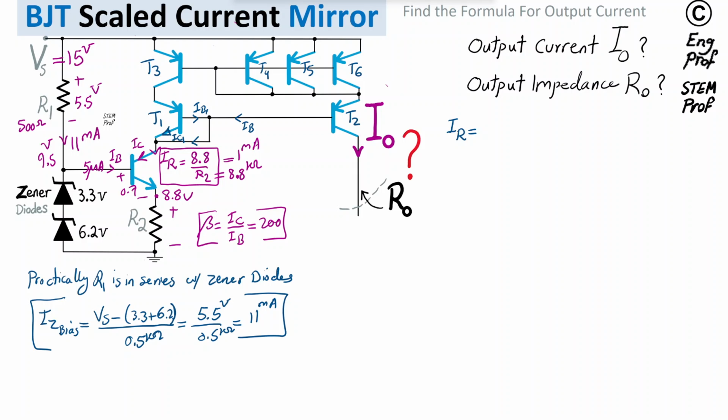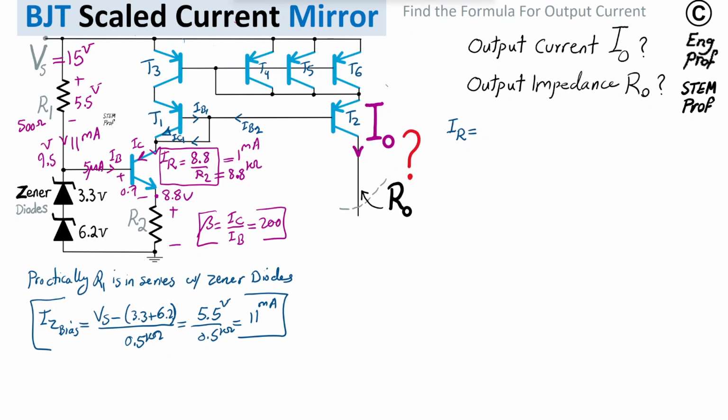So the reason we are doing this is that we expect, at the end of the calculation, with approximation, given that the base emitter of T3, T4, T5, T6 are exactly equal to each other, as you can see, and especially given that these transistors are in the same package, so they're matched transistors, then with the same base emitter for all of them, they should have the same copy of the collector current.